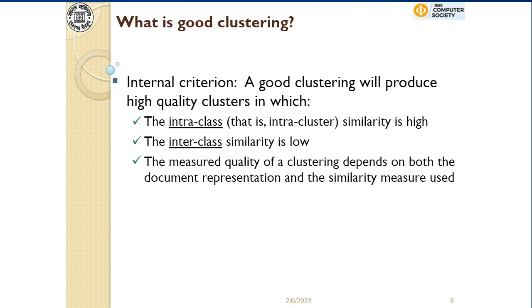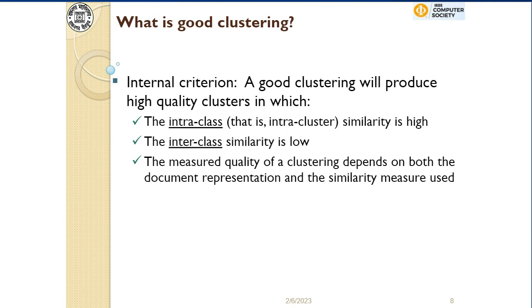Given this background, what is the objective, or the essential consideration behind the good clustering process? First of all, you can have the internal criteria, where we have already seen that you have to ensure the intra-cluster similarity is high. That means the similarity between the different data points in a particular cluster should be very high, so highly similar points are clustered together.